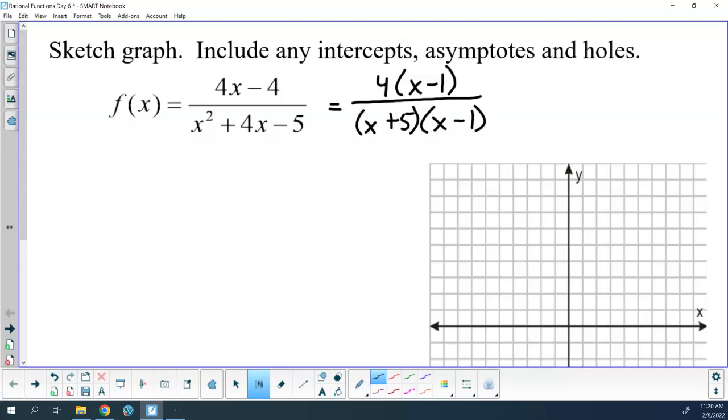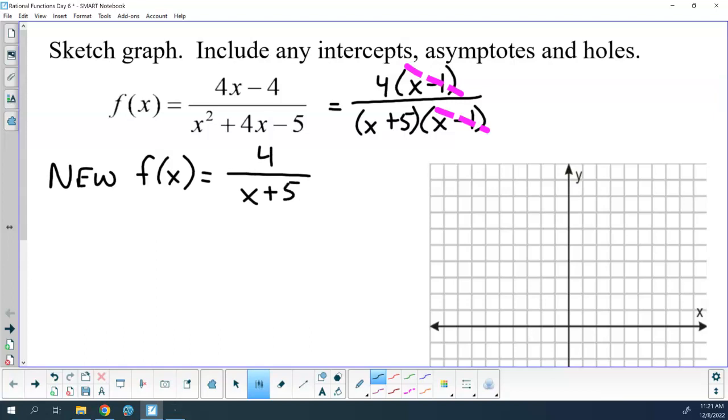Always look for a factor from the top, because usually the top is easier to make it so that it crosses out. There's an x minus 1, there's an x minus 1. Those both cancel out. So my new function is going to be 4 over x plus 5.